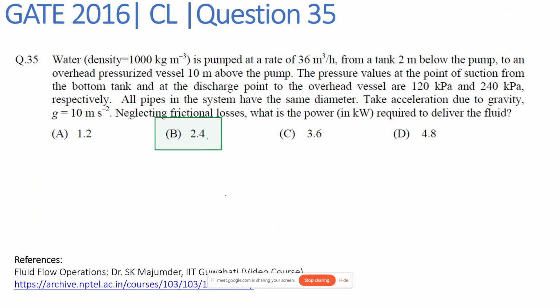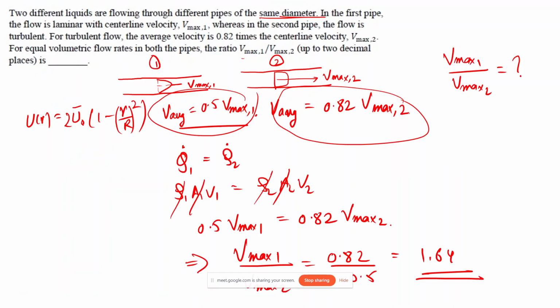Let us look at one more question related to the same vector notations.